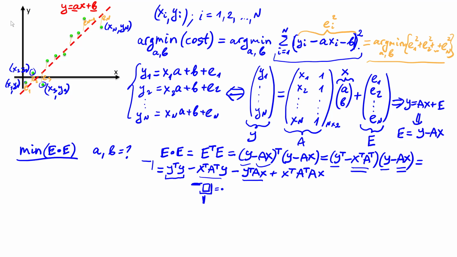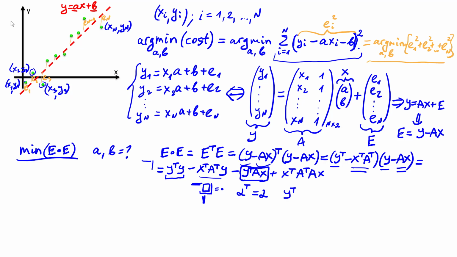Now, pay attention that if you have some scalar alpha, and we make transpose of that scalar, it's still the same scalar alpha. Because this is just a constant number, its transpose will give the same thing. Which means that if you take that thing and make transpose of it, we get exactly the same number. But what is transpose of that thing?